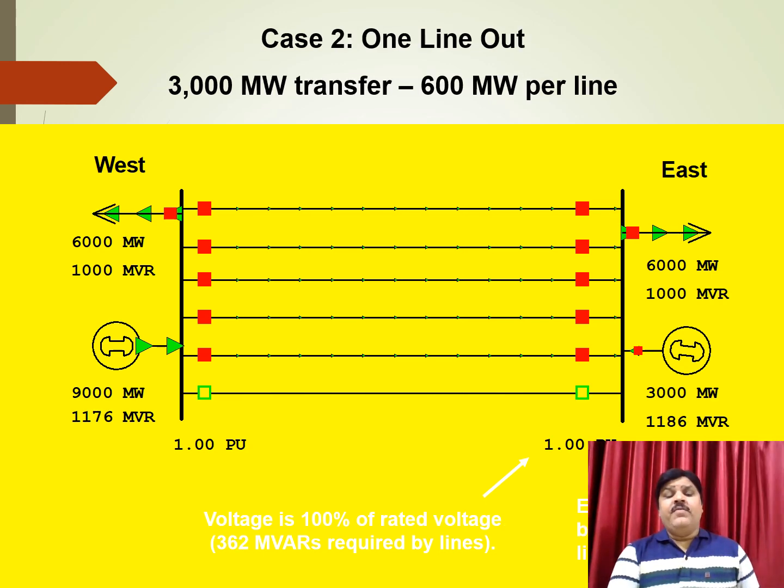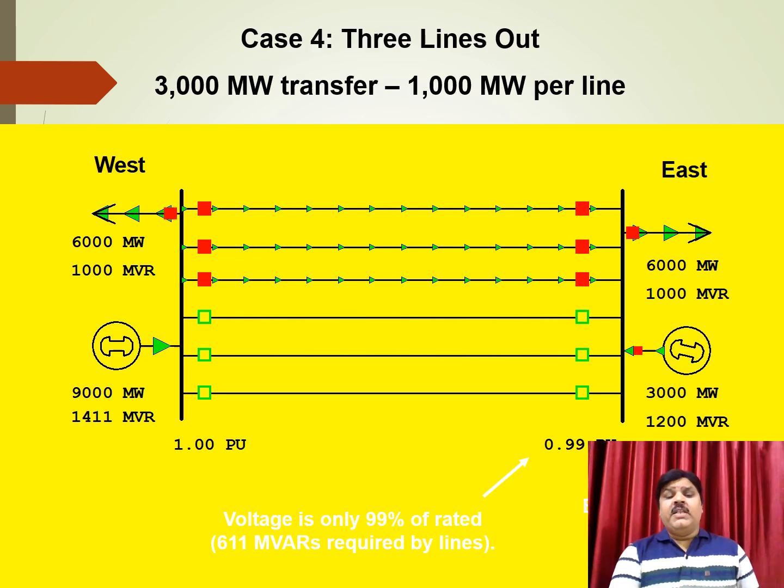Here we can see one line is out, then the voltages are still 100%, but the MVAR requirement has increased. We can see here 1176 and 1186, and the generation is similarly 3900 megawatt. Here three transmission lines are out and only three are carrying the load.